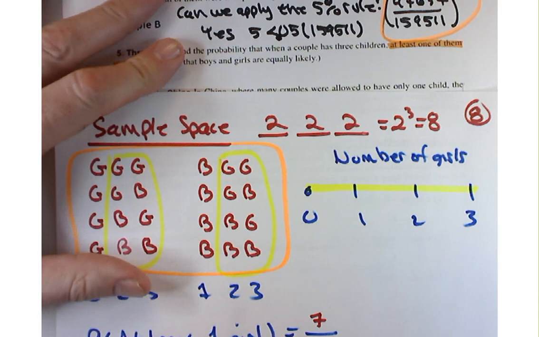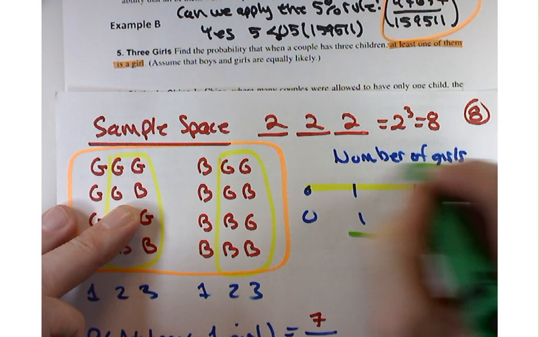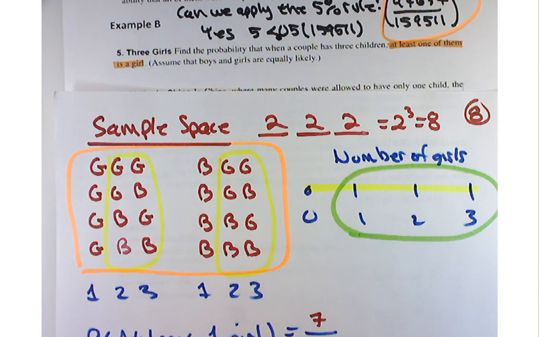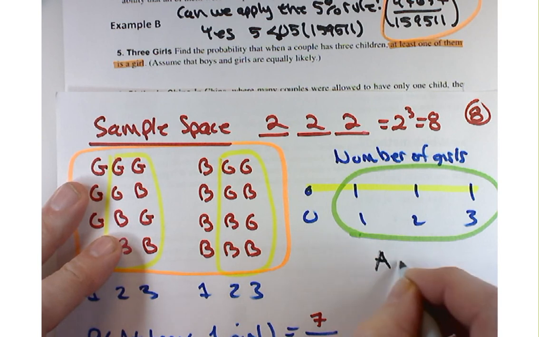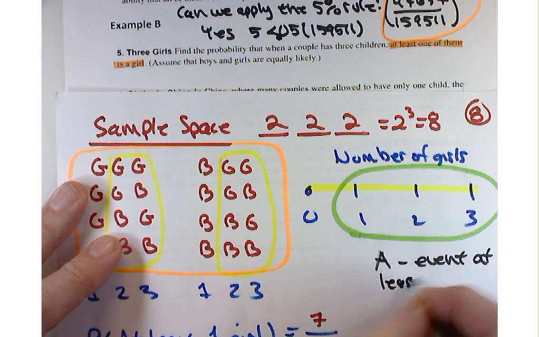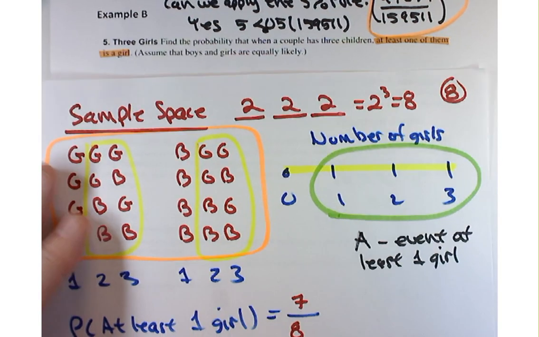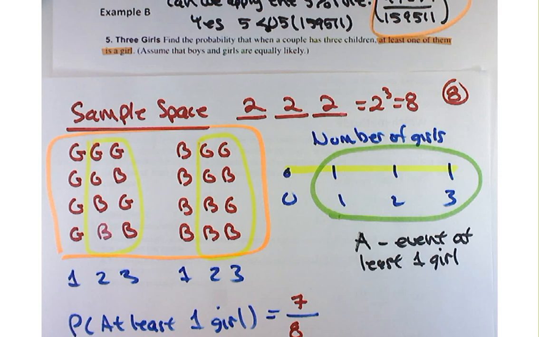And what I want to show you here is this. Let's call this event A. A is the event of at least one girl. All right, that's the event A. What's A bar?